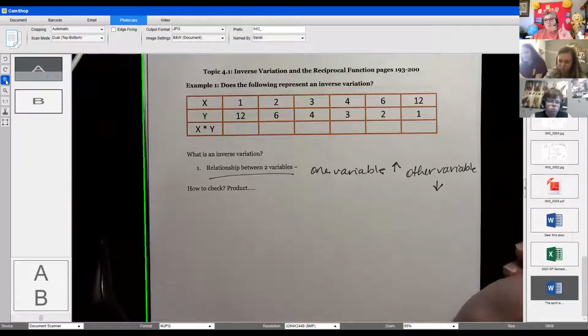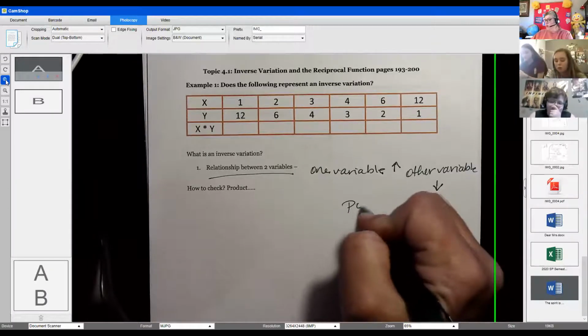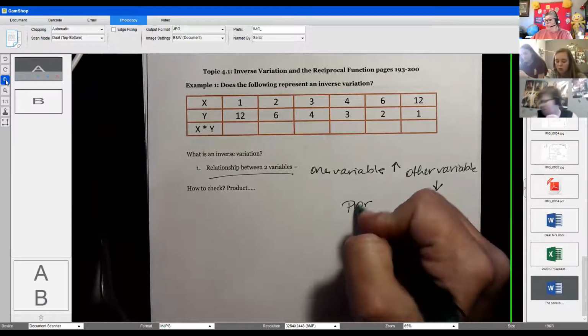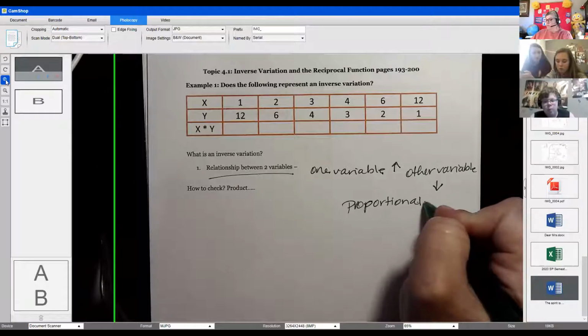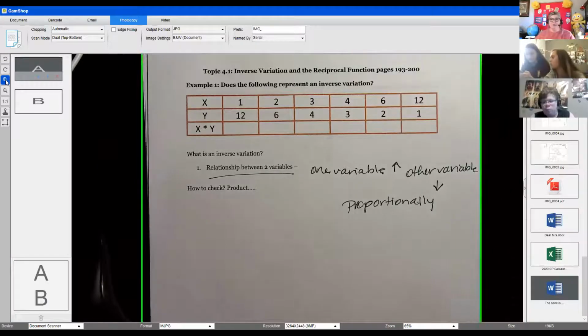And one of the important pieces is how does it go down? It goes down what we call proportionately. What in the world does that mean?